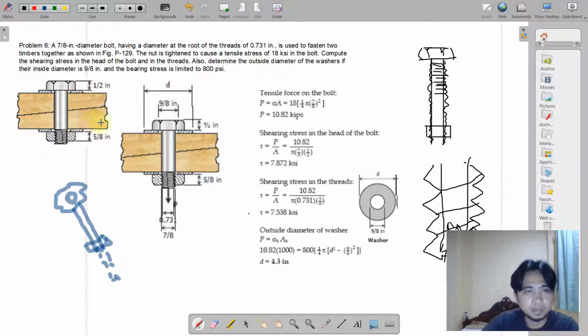So the dimensions are given here. We have 1/2 inches thick for the head of the bolt, and 5/8 inches for the thickness of the nut.